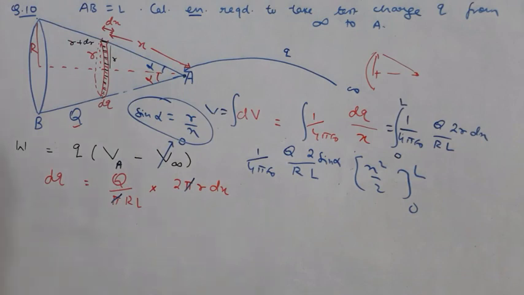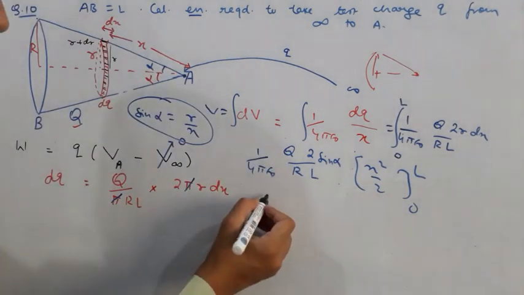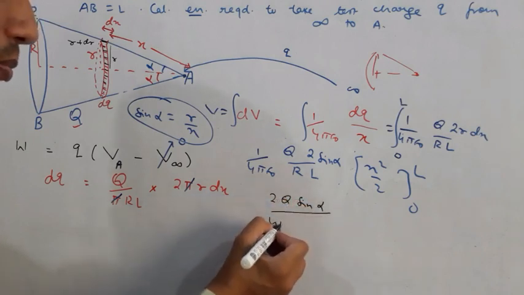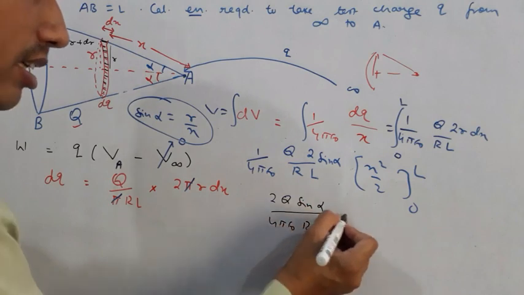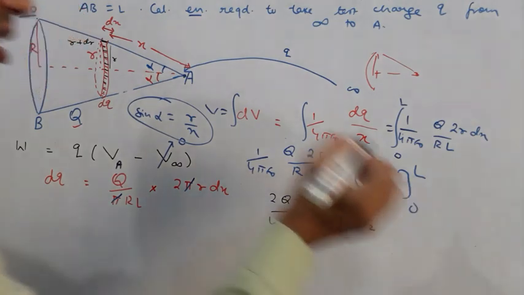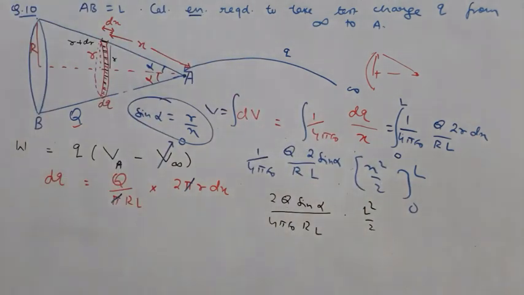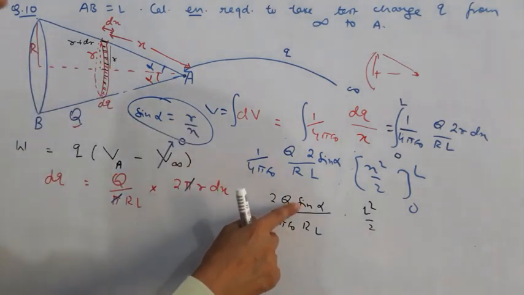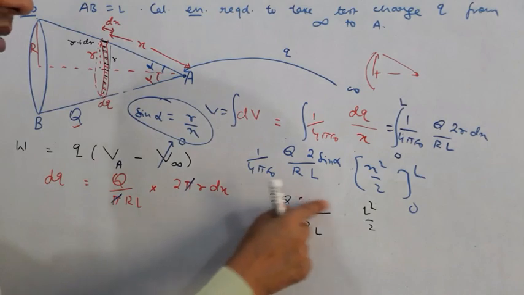So this can be further solved. So this becomes 2q sine alpha upon 4 pi epsilon naught RL, L square by 2 minus 0. So this is the answer to this particular question. Now, in the question they have not given capital R or alpha. I have taken them for convenience. So sine alpha we should remove now. Sine alpha will be how much?